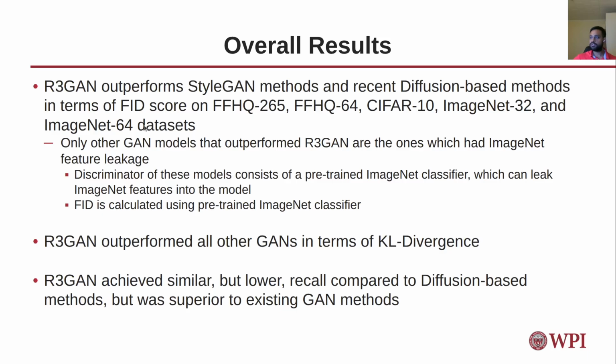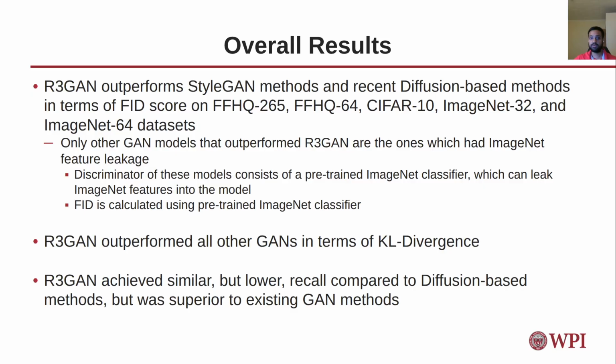R3GAN also outperforms StyleGAN methods and recent diffusion-based methods in terms of FID score on multiple datasets. The only other time a GAN model is able to outperform R3GAN is with the ones which had ImageNet feature leakage, where the discriminator of these models consists of a pre-trained ImageNet classifier which can leak ImageNet features into the model.